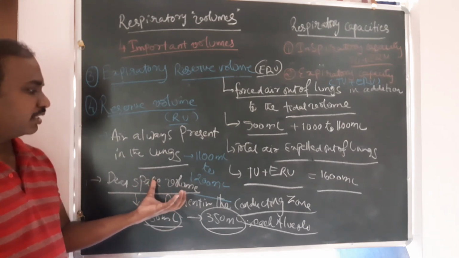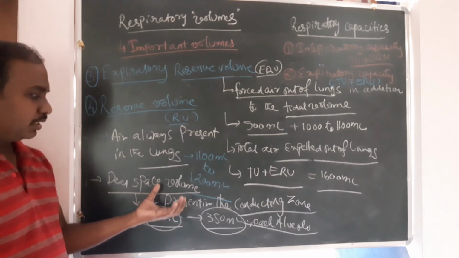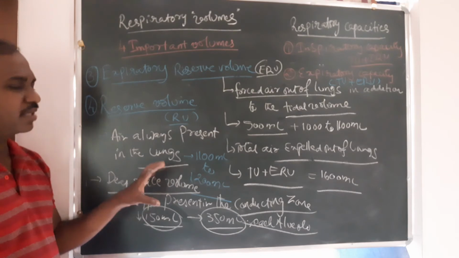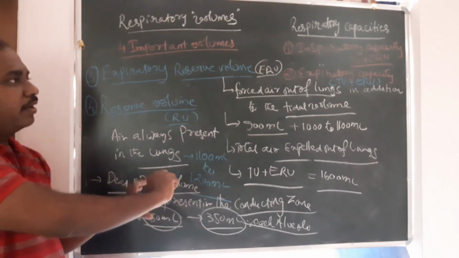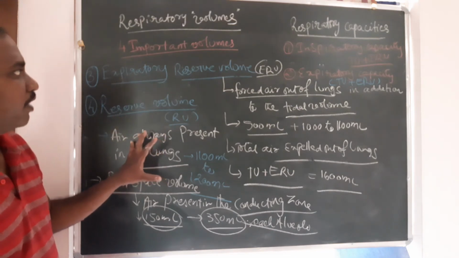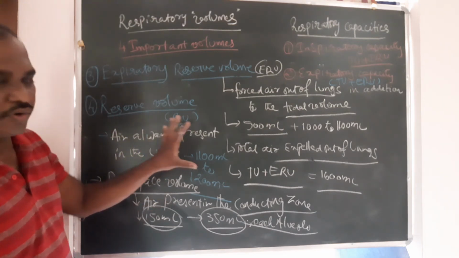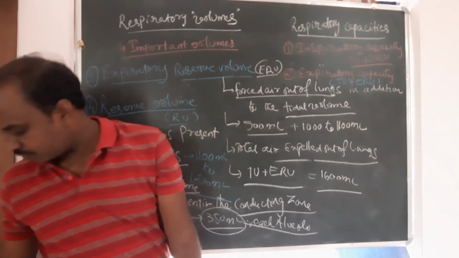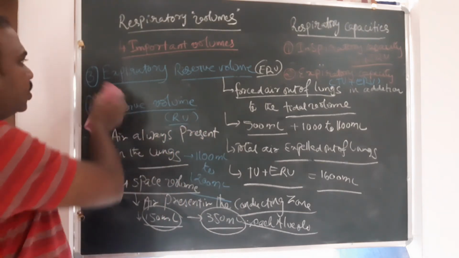So this amount of air that is there in the conducting air passageways is called the dead space volume. Normally it's not counted when we take up the respiratory volumes. Four volumes. I'm gonna erase this. I'm gonna write these four volumes one more time for your benefit. Because of the space issues, I keep erasing these volumes.